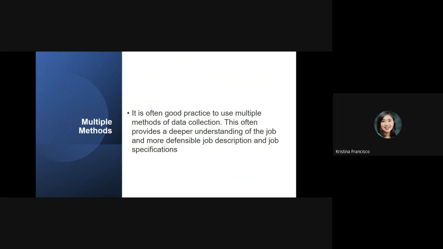This often provides a deeper understanding of the job and a more defensible job description and job specification, which may be an issue in a complaint process being heard before a third party. So again, it is often good practice to use multiple methods of data collection.